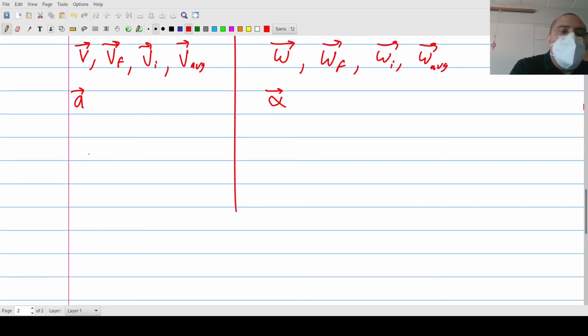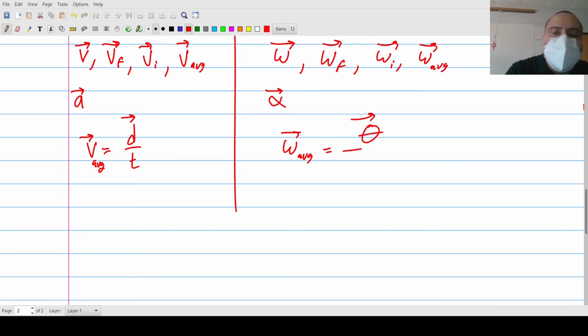So what does that mean? Wait, I'm putting that in the wrong column. Try that again. V is equal to d over t. Remember that one? Displacement over time, and that's v average. Well, omega average is equal to, it's a vector, change in theta over time.